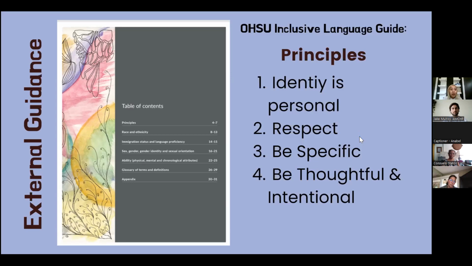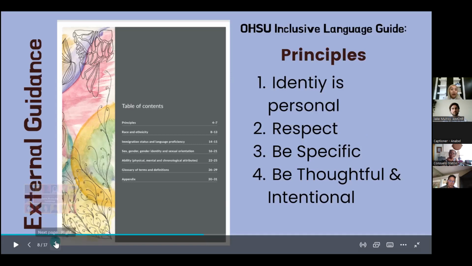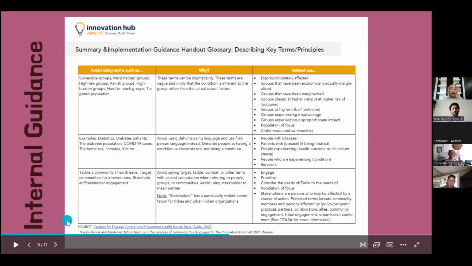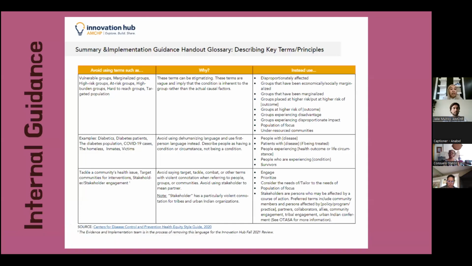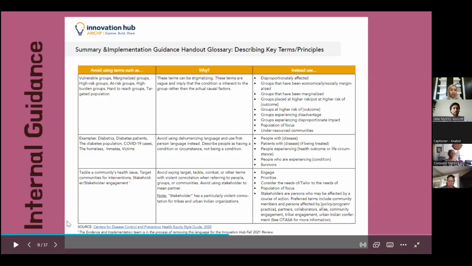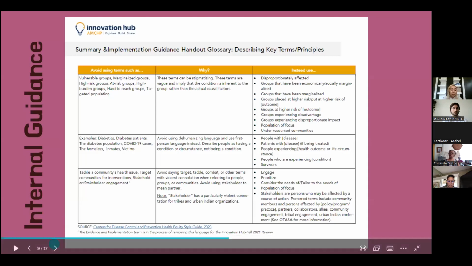But I'm also really excited to pass the baton over to my colleague Salome, who was really instrumental in developing some internal guidance from AmChip for the Innovation Hub glossary of terms that we have. So without further ado, I will pass it on to Salome to let us go through this process.